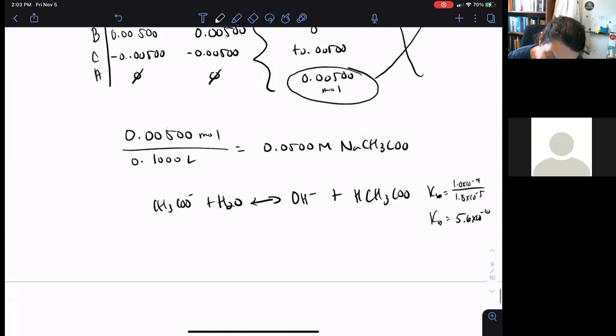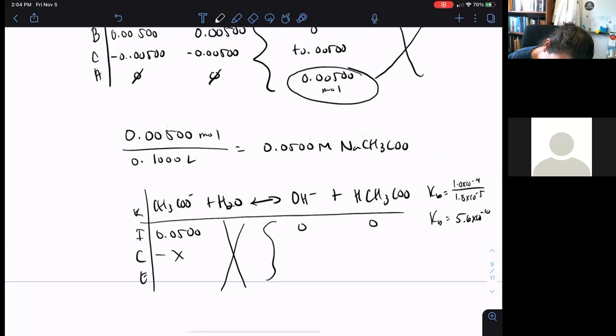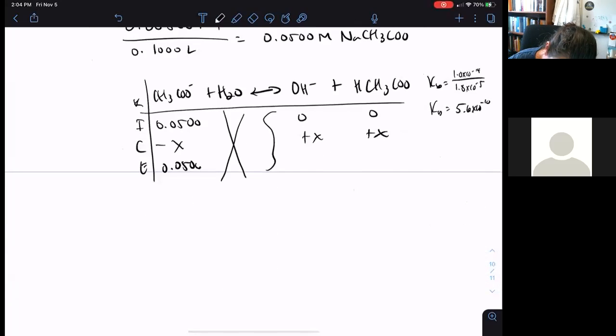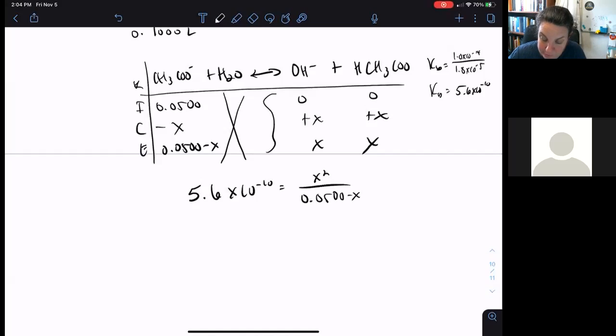So starting out at 0.0500, minus x, plus x, plus x, 0.0500 minus x, x, x, and then put it into our Kb expression, sorry, 5.6 times 10 to the negative 10 is equal to x squared divided by 0.0500 minus x. We can do a small x approximation.